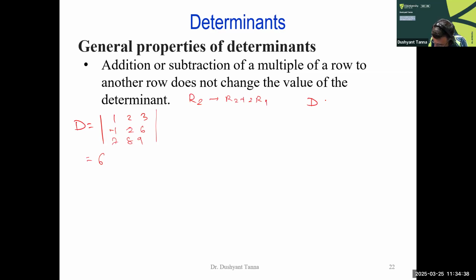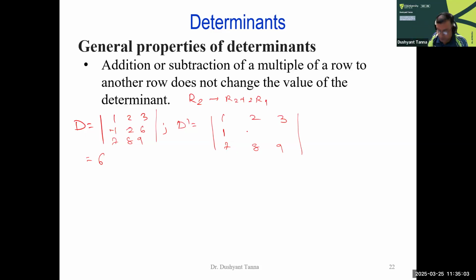So my D dash: row 1 doesn't change, row 3 doesn't change, row 2, it was minus 1. I'm adding 2 times 1. So minus 1 plus 2 becomes positive 1. The second element was 2.